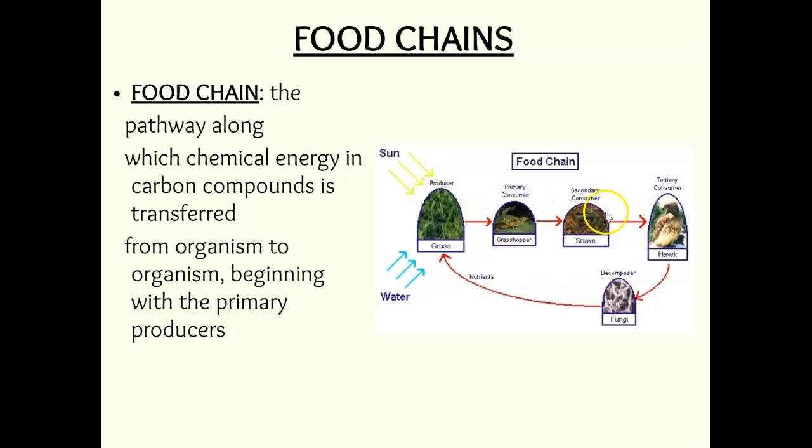And so each organism will help to transfer that energy up the food chain. Energy only flows in one direction, comes in from the sun, moves through the food chain, ultimately is lost as heat. A food chain only shows one possible pathway within this particular ecosystem.